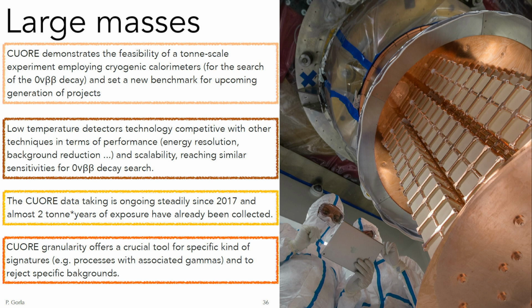Another relevant feature was that the reproducibility in delivering working detectors was extremely good. So Cuore lost in its thermal cycle something like 4 detectors over 988, which is an extremely good number for this kind of application.